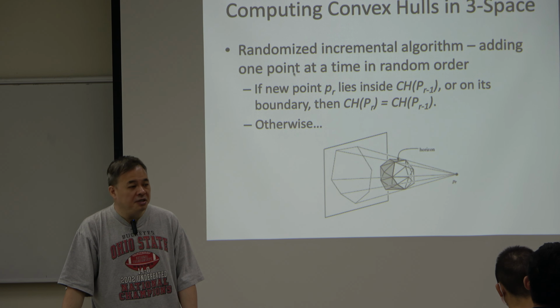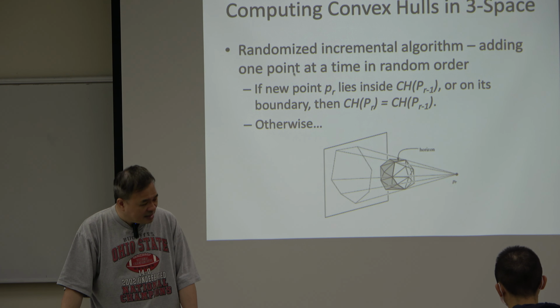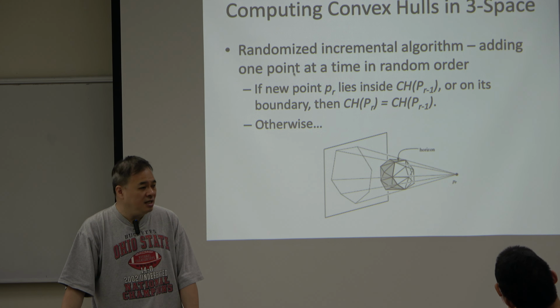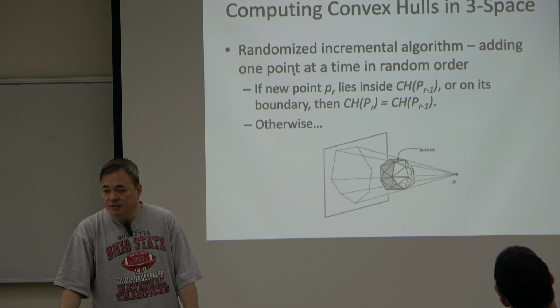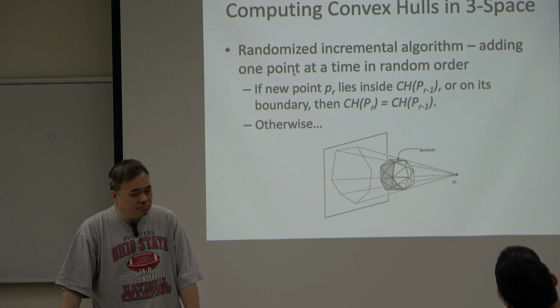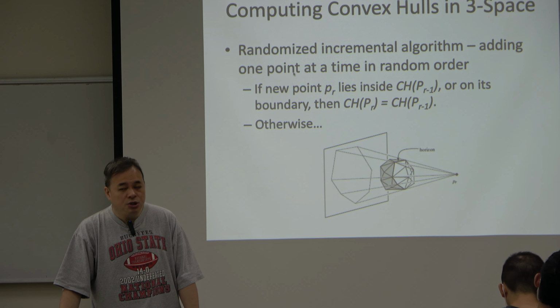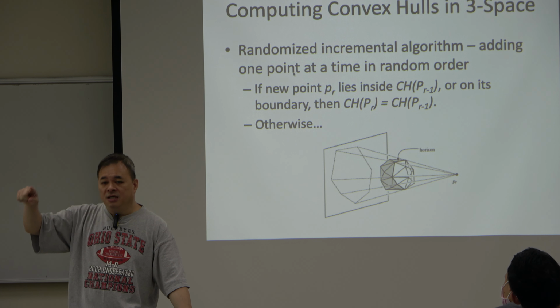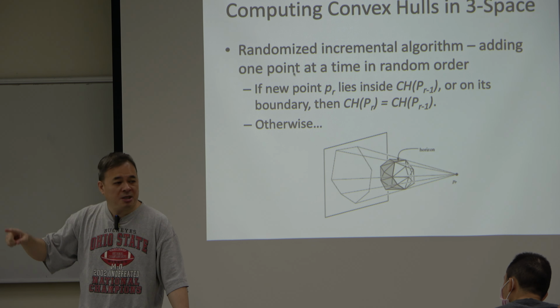Adding this point, the resulting polytope will not change, because if it appears inside the polytope or on the surface, adding this point will not change the shape of the polytope. This is obviously the case, just like in a two-dimensional case: if you have a convex hull and you add a new point inside it, it wouldn't change the convex hull at all, right?